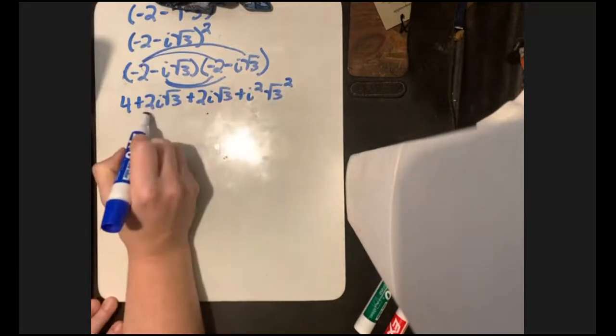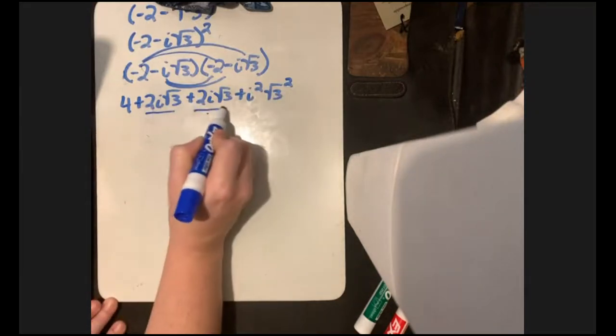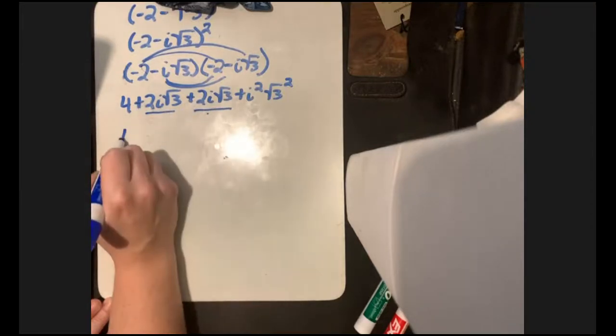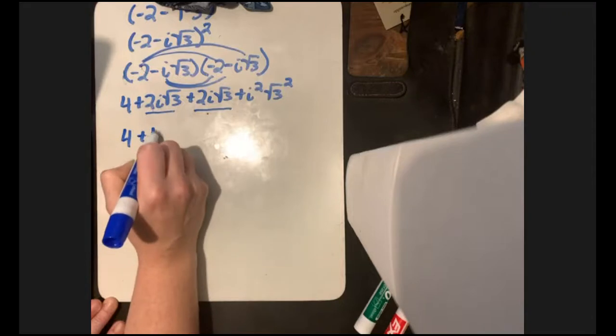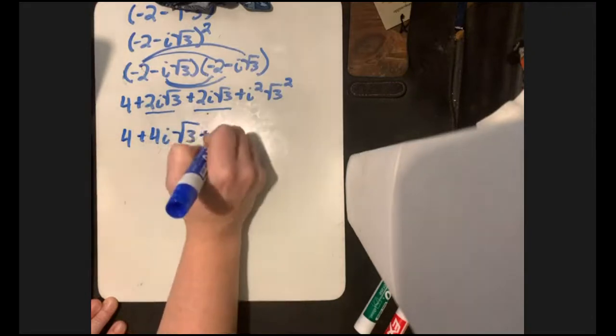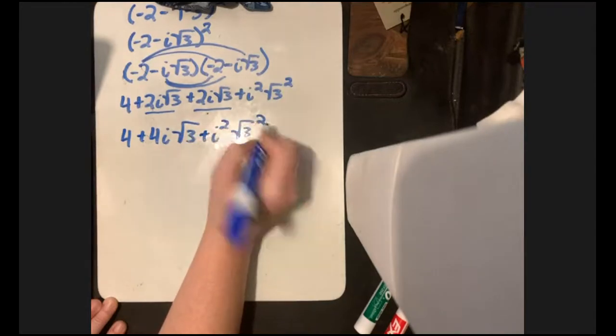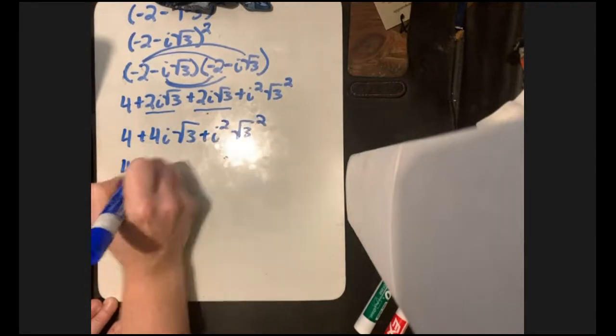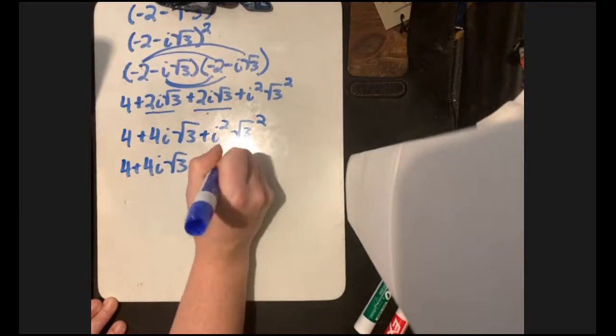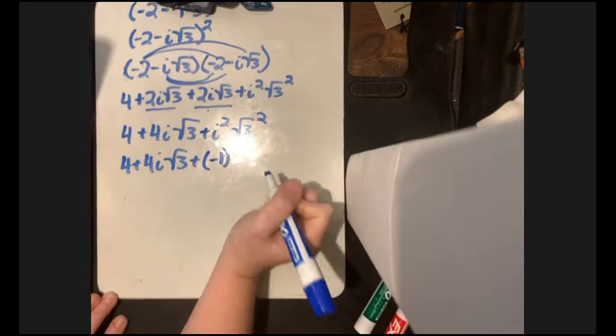Now, I am going to go ahead and combine these two together. So I have 2i square root of 3 and another 2i square root of 3. So it's 4 plus 4i square roots of 3. Now, i squared is -1.